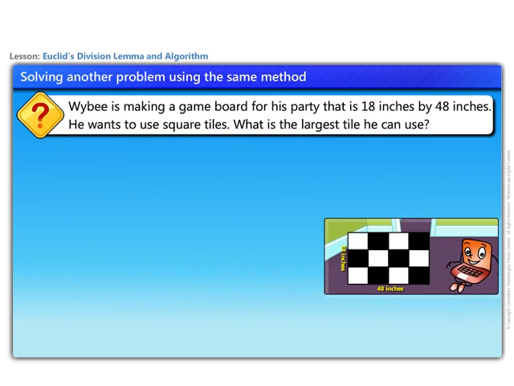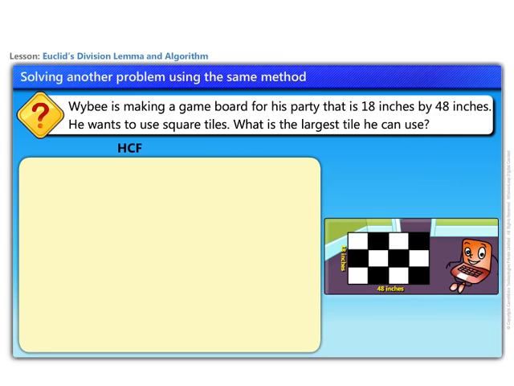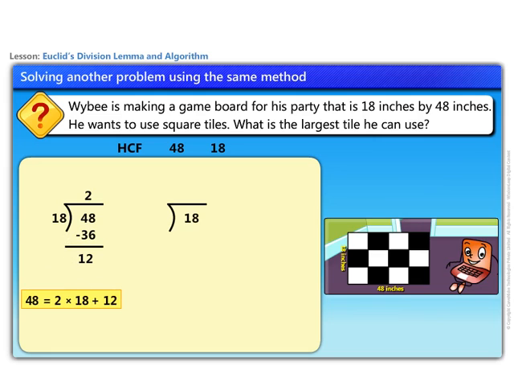The solution to the problem can be found by taking the HCF of 48 and 18. When we divide the number 48 by 18, we get a remainder 12. This relation can be expressed as 48 is equal to 2 into 18 plus 12. Similarly, when we divide the number 18 by 12, we get remainder 6.